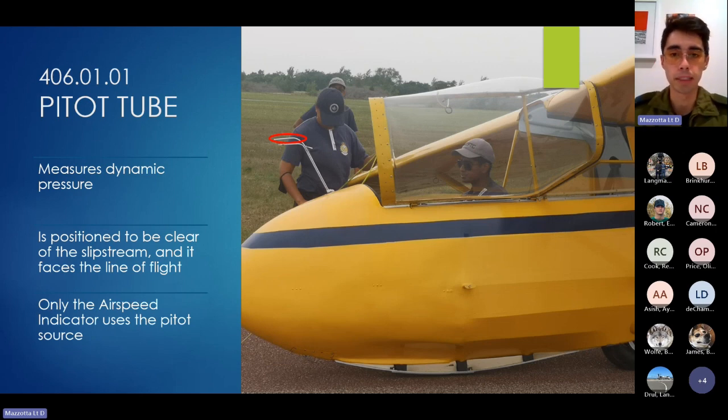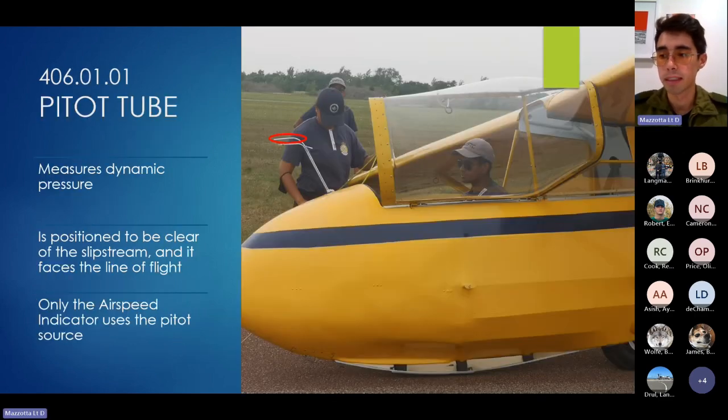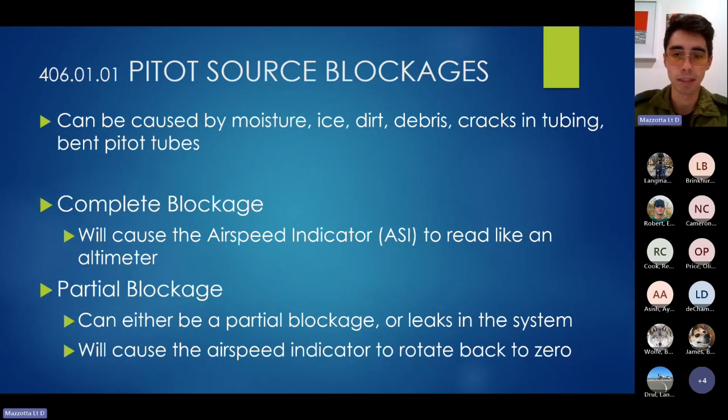So that's why we want to be as careful with that as we can. Sometimes the pitot system has a heating element to it. Our gliders do not, but 172s and aircraft like that do, and that's to break off any type of icing.